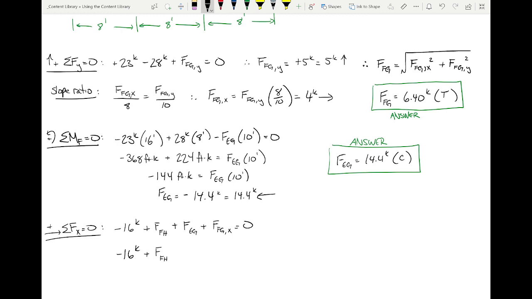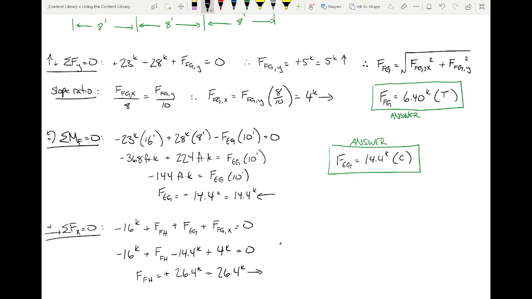And then the EG was negative, so we'll say minus 14.4. But the FGX was positive, so we'll say plus 4. Again, you do it however you want. Just make sure that you're accounting for everything appropriately. And when it's all said and done, you should get FFH is positive 26.4 kips, or 26.4 kips to the right.